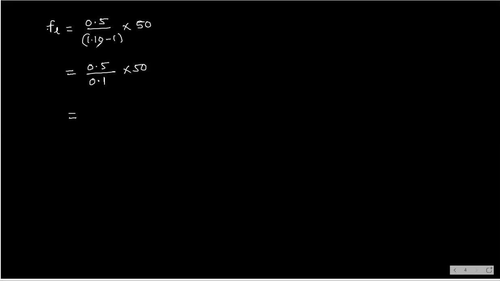0.1029, 0.1029 means 0.103 if you are doing, but round off, no problem. If you will round off, how much are you getting, check it. So rounding off means you are getting just 5 into 50, which is FL. So FL is equal to 250 centimeter. That is also plus by rounding off.